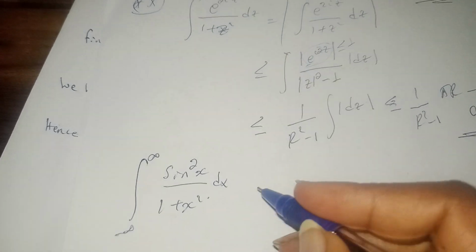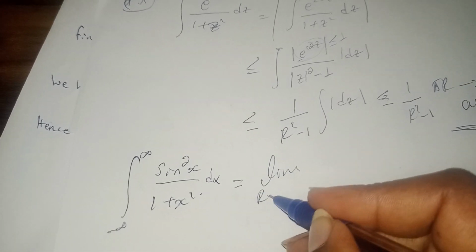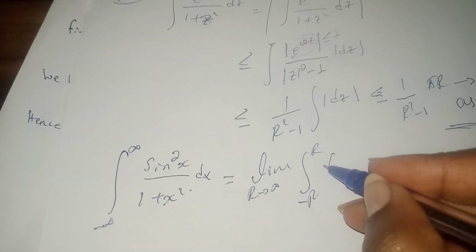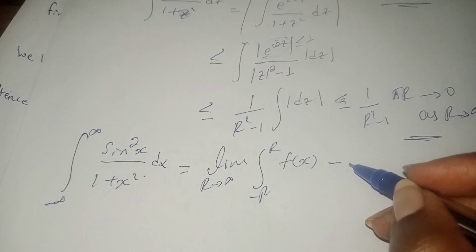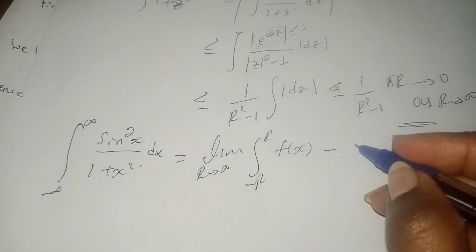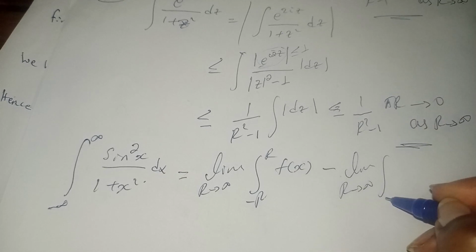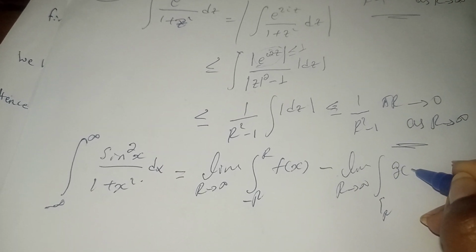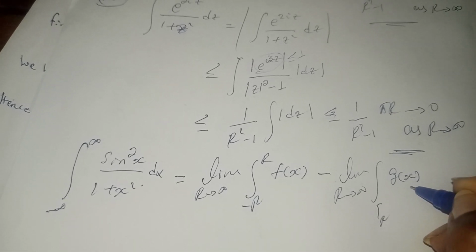This equals the limit as r tends to infinity of the integral from minus r to r of f of x, minus the limit as r tends to infinity of the integral over gamma r of g and f.